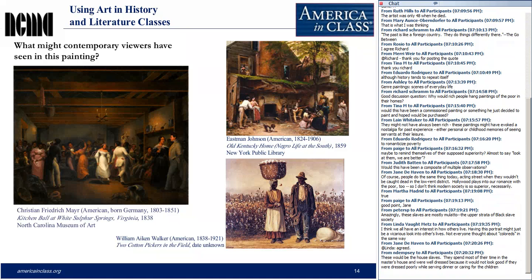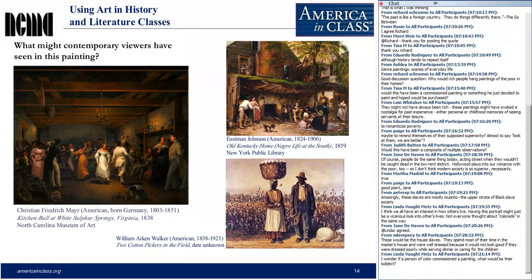It was painted just before the Civil War, and is really the last important antebellum picture of African American society. But what is interesting here, and it may be difficult to see, is that you have this backyard full of black people doing all kinds of domestic things.